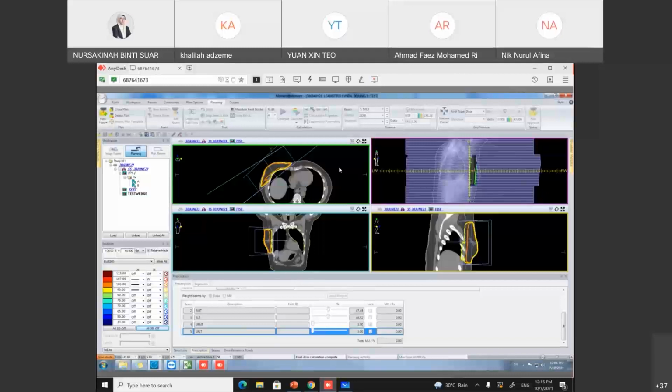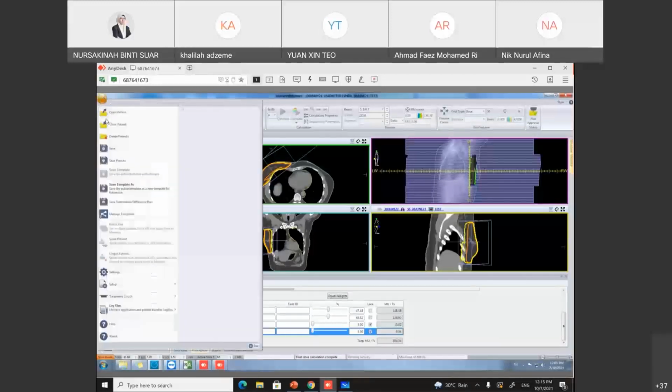Okay, now the 107% hotspot is all gone. So it has already fulfilled the criteria, and the 95% coverage is very nice now.